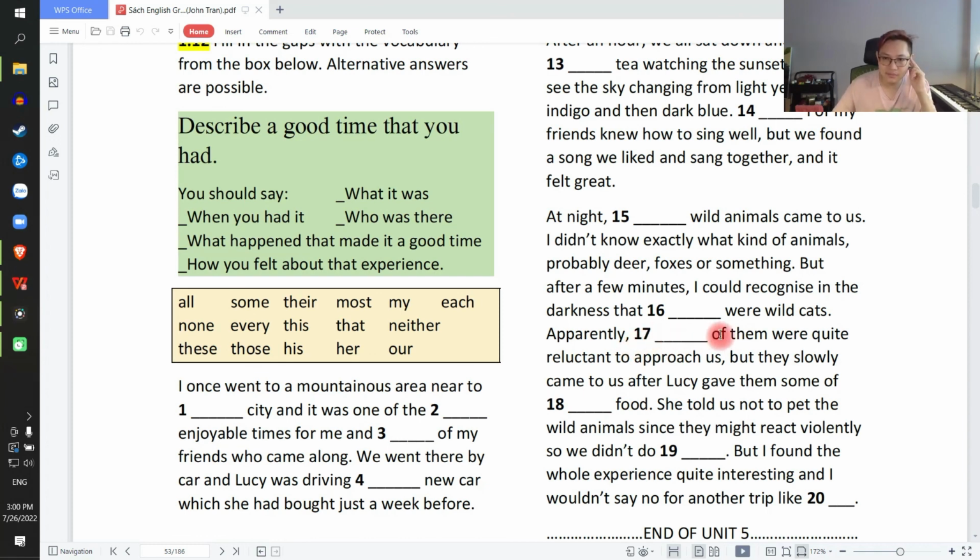Apparently, all of them were quite reluctant to approach us, but they slowly came to us after Lucy gave them some of her food. It can be some of our food too, but definitely not some of my food because that sounds weird.